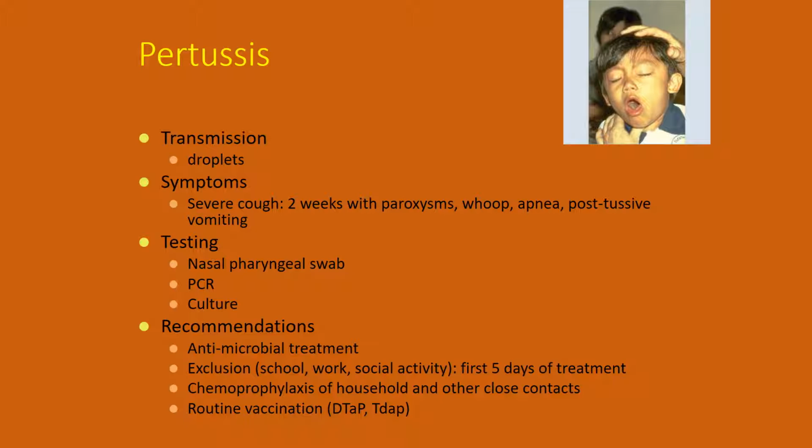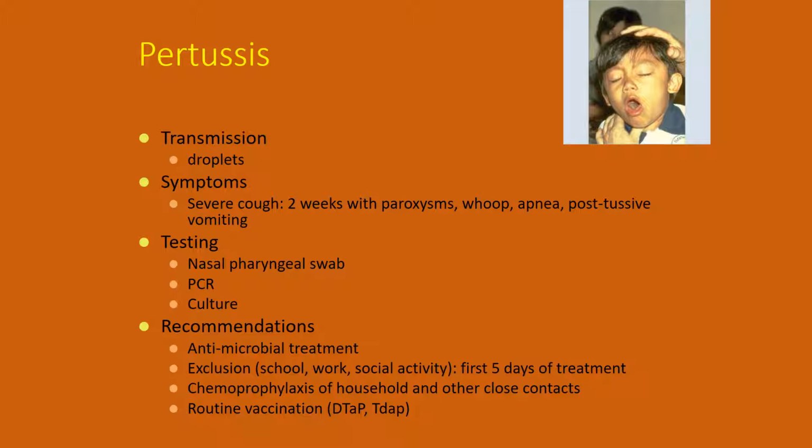It's sometimes very difficult to figure out what's going on in someone that comes in with a 3 or 4 week cough, because pertussis is on the differential, post-bronchitis cough is on the differential, as well as asthma and GERD and all the other things that you would normally think of with a persistent cough. Testing for pertussis, you need to do a nasopharyngeal swab.